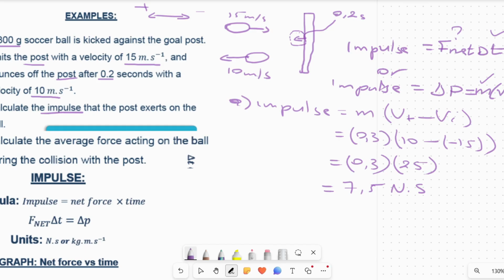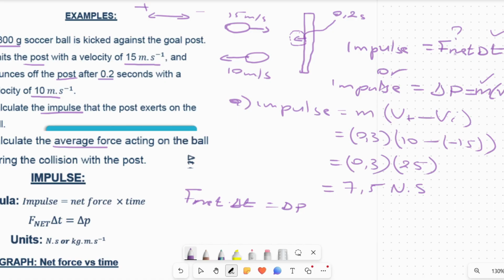Number B says calculate the average net force acting on the ball during that collision. Now we're going to apply the impulse-momentum theorem: F net times delta t equals the change of momentum, or we can also use this simple form.